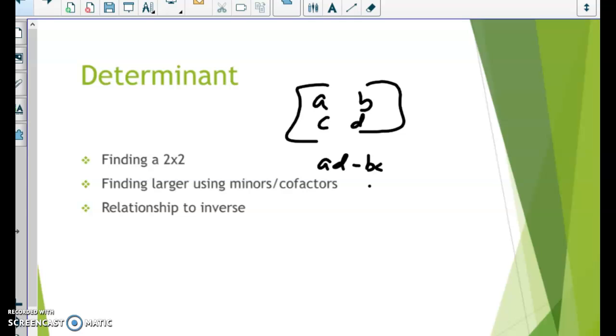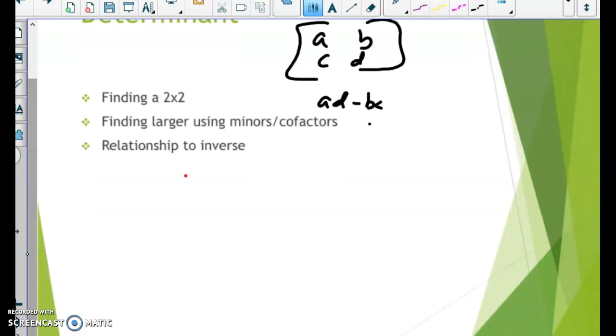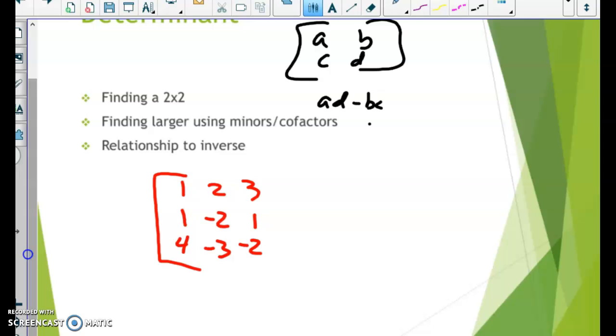Minors and cofactors. If I want to find the determinant of a 3 by 3, let's say I have 1, 2, 3, 1, negative 2, 1, 4, negative 3, negative 2.